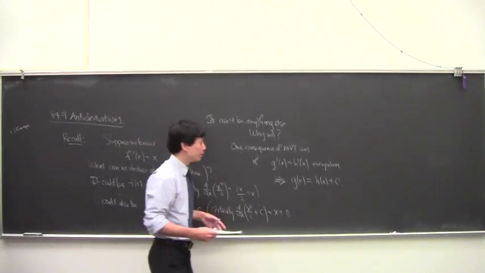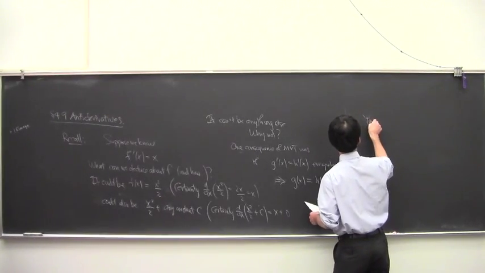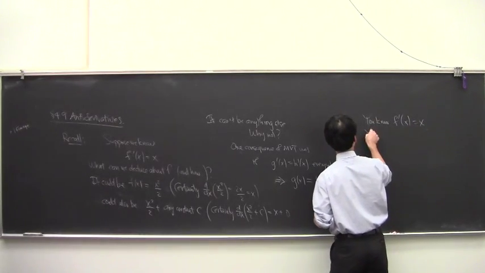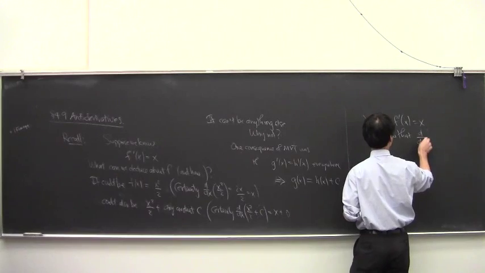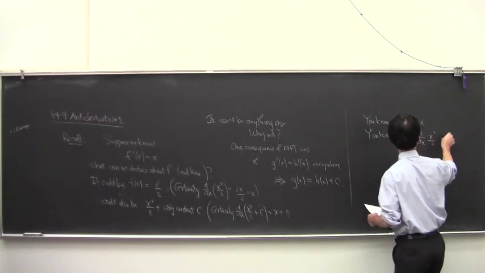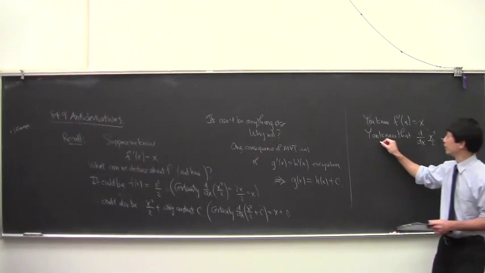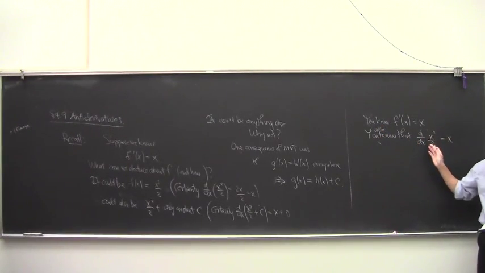Okay, and so you put those things together, right? You know that f prime of x is x. You know that the derivative of x squared over 2 is x, right? So you also know that the function you guessed, x squared over 2, has derivative x as well.